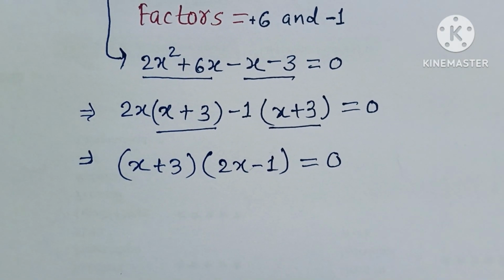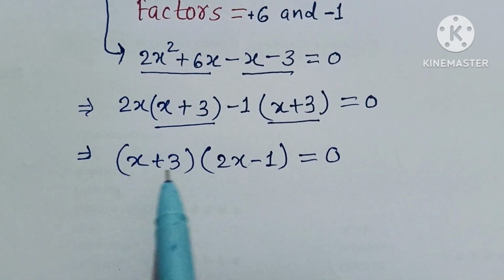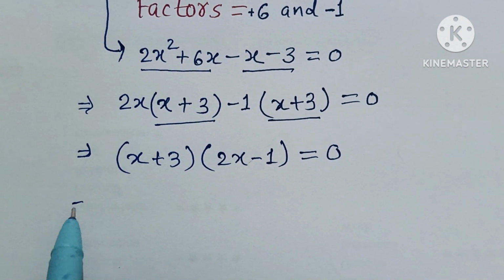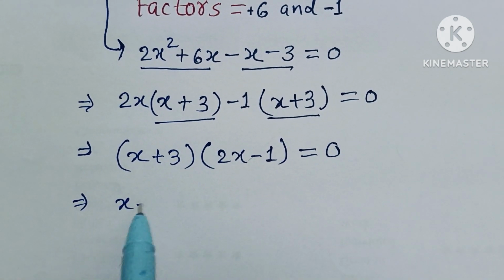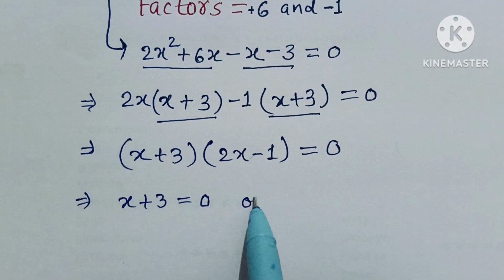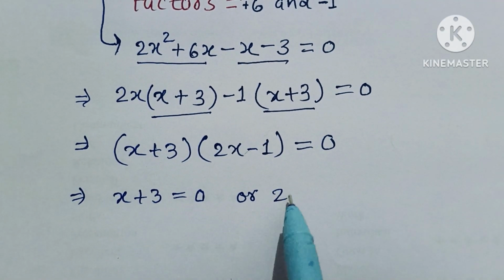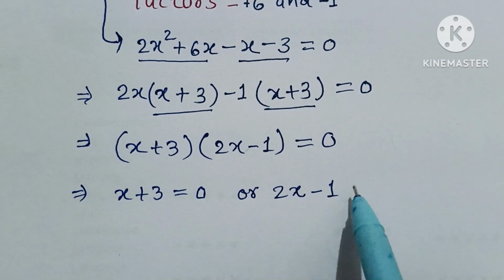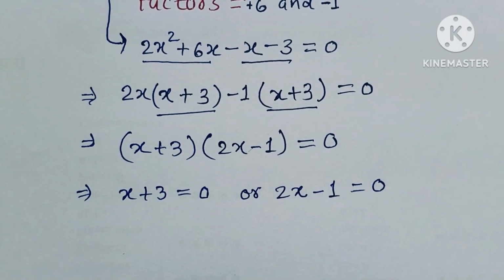Now we have to find the value of x. We can compare: x plus 3 equal to 0 or 2x minus 1 equal to 0.